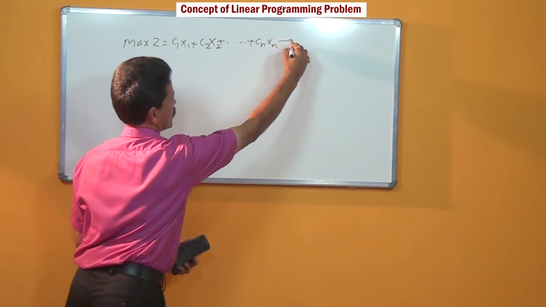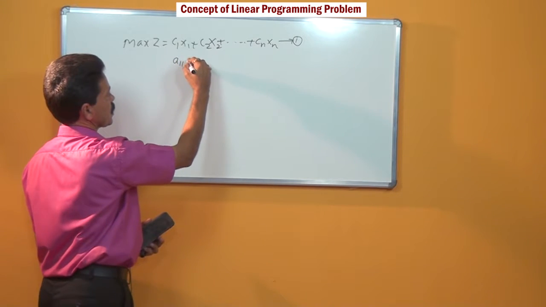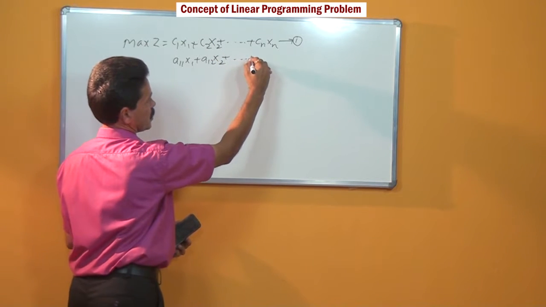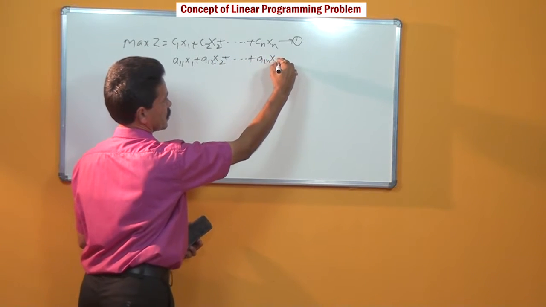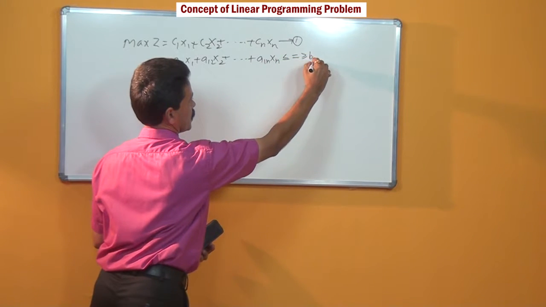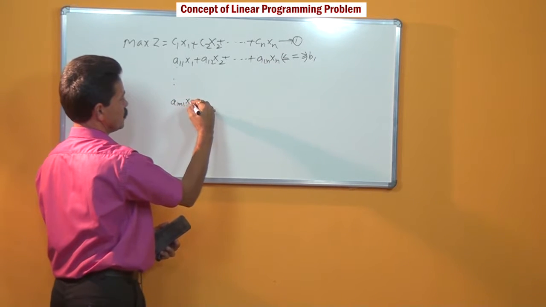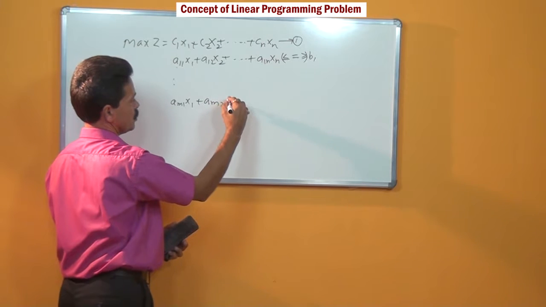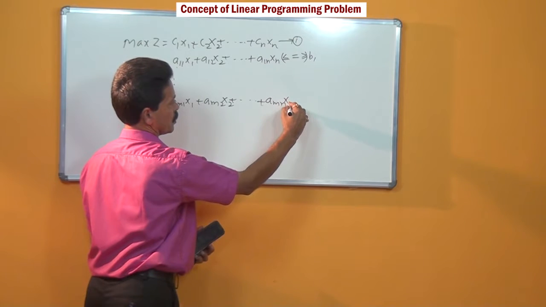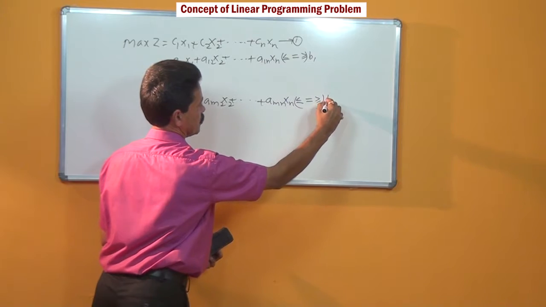I will call it equation number 1, subject to the set of constraints a11 x1 + a12 x2 + etc. + a1n xn less than or equal to, or equal to, or greater than or equal to b1, etc. The last constraint am1 x1 + am2 x2 + etc. + amn xn less than or equal to, equal to, or greater than or equal to bm.